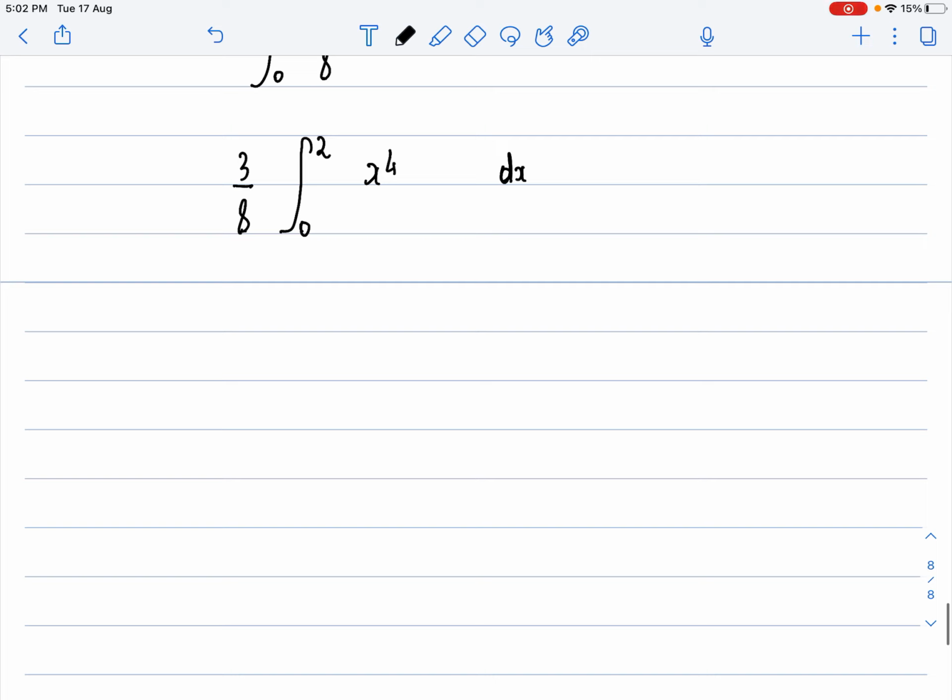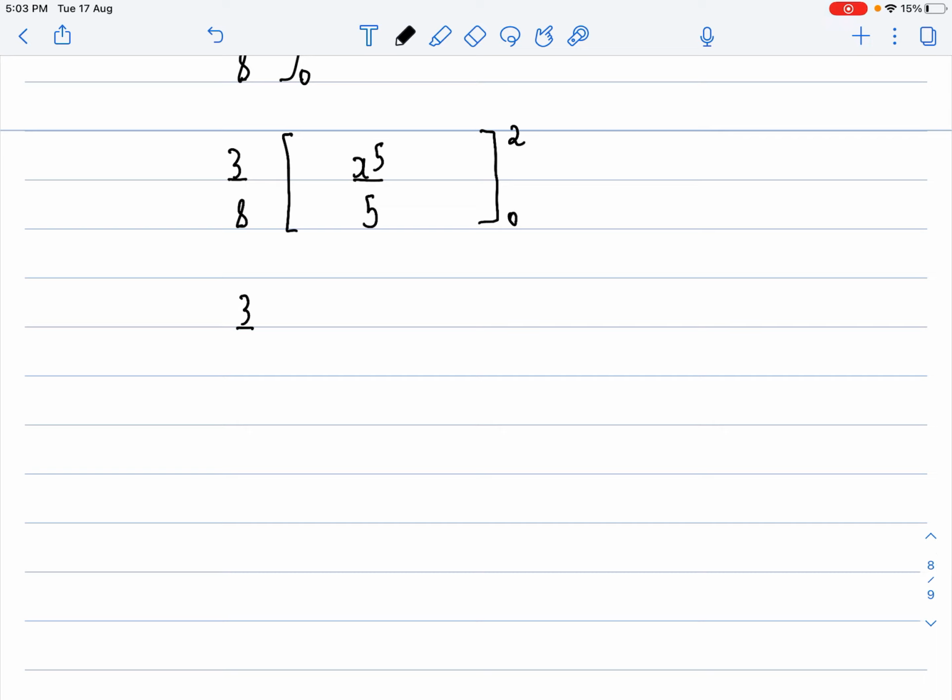Now what I can do is I can write this as 3 over 8. What is the integration of x raised to 4? It's simply x raised to 5 over 5 with the limits 0 to 2. Now you can write this as 3 over 8. In the place of x, first you put the value of 2, so you simply write 2 raised to 5 over 5, where you simply get 32 over 5.